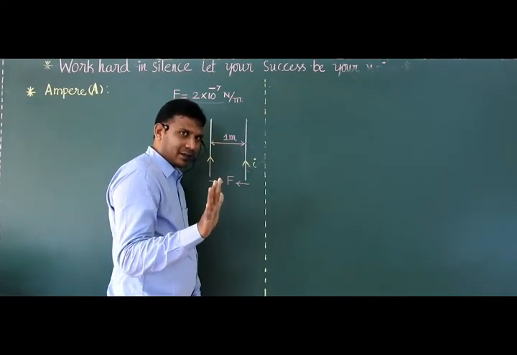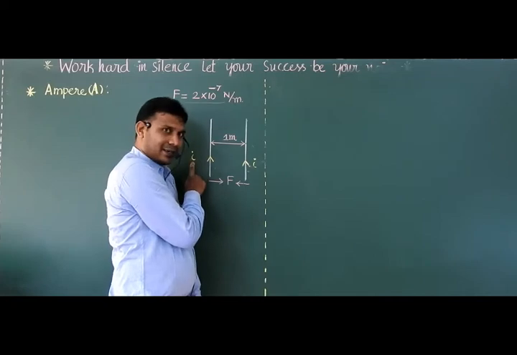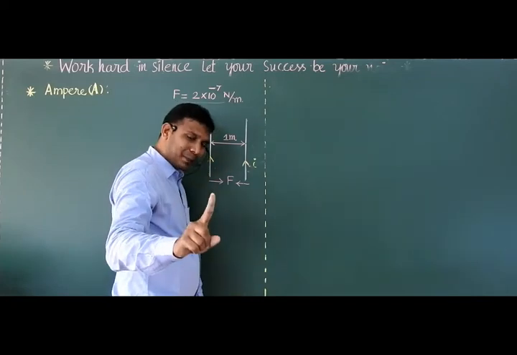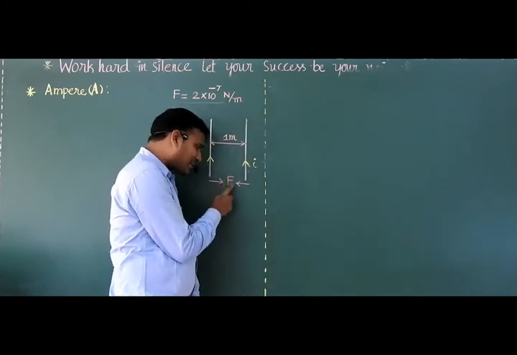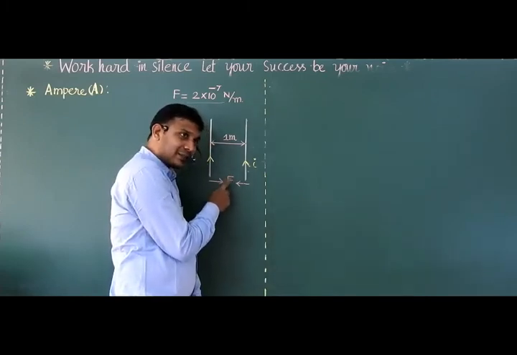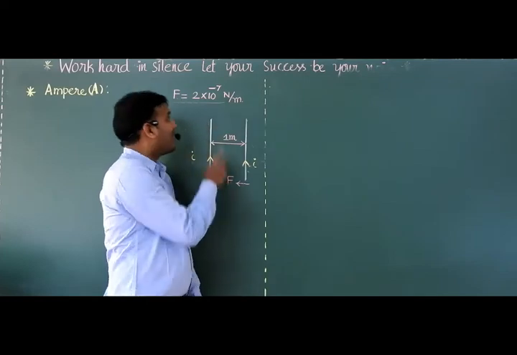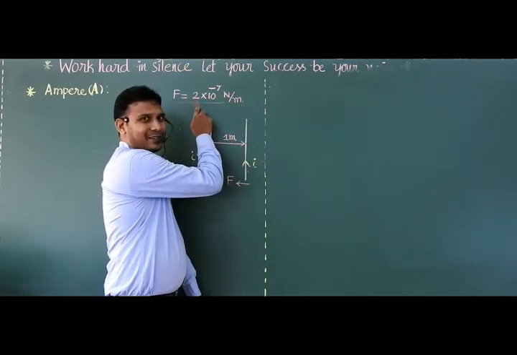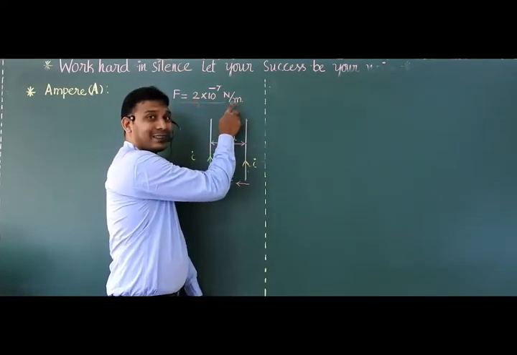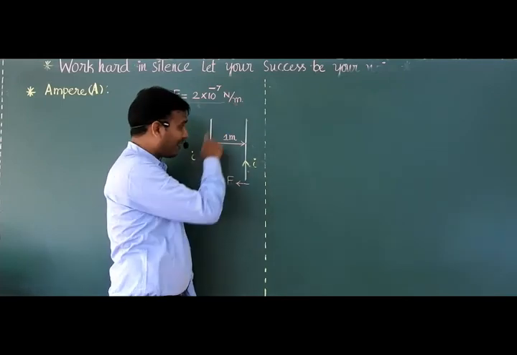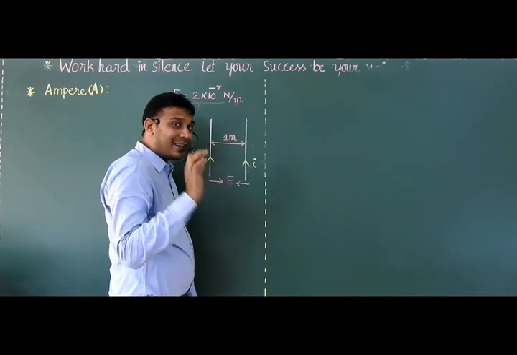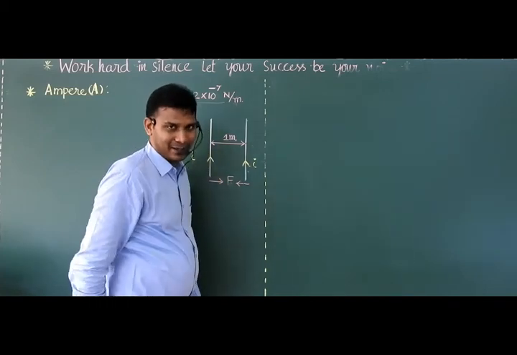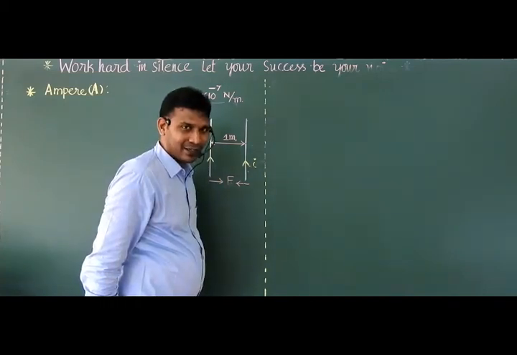This I is equal to 1 ampere when this force must be equal to this much per how much length? Per meter length of the conductor. Then only this current is said to be 1 ampere. I hope it is clear.